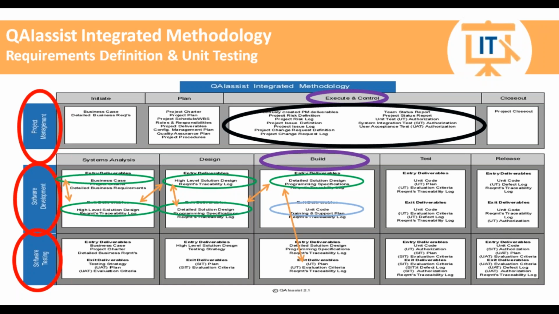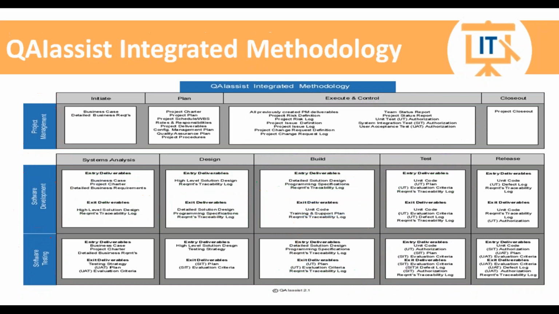So at the same time, we may as well define what the plan is for that unit test and what the evaluation criteria is, meaning what the condition has to be for that unit test to pass, before we actually do testing. Because once we have the plan and the evaluation criteria for unit testing, we're going to use this to do our testing.